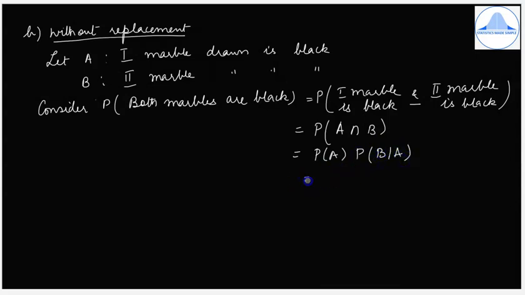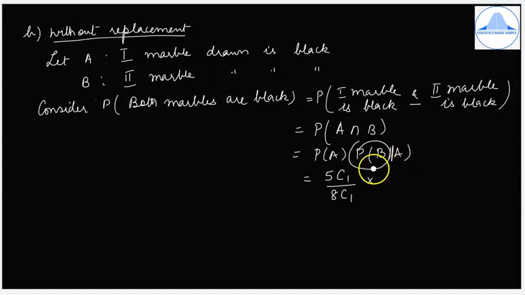So this is equal to probability of A means first marble drawn is black. If you recollect how many black marbles are there? 5 black marbles are there and you want to pick one. So it is 5C1 divided by 8C1 into P of B given A. So P of B given A means what? We should find out the probability second marble drawn is black, given that the first marble drawn was also black and now this marble is not put back inside the box.